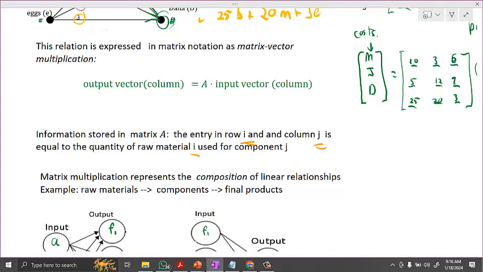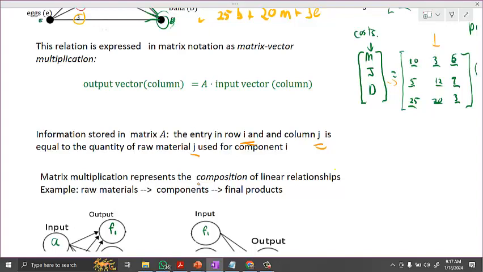I think I actually have this backwards. This should be a J, and this should be I. Because the column is telling me my input, and the row is showing me my output. So in this case, I had inputs and outputs.